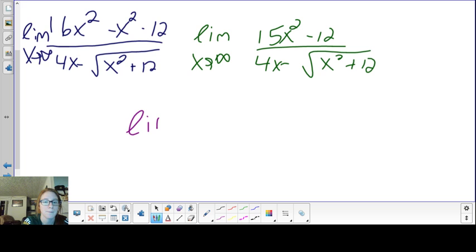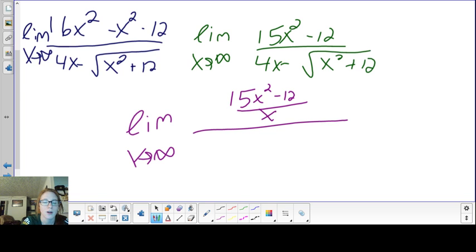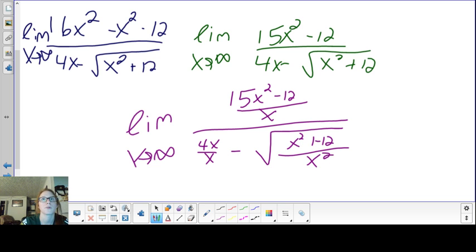So the limit as x approaches infinity of 15x squared minus 12 over x over, since the 4x is on the outside, it's not with the radical, it's going to still be divided by the x. The stuff inside, however, will be divided by the x squared because it's in the square root.